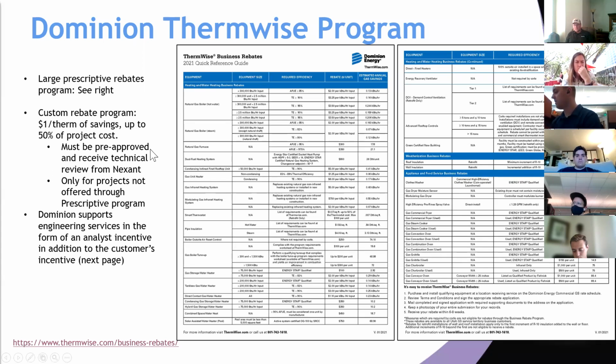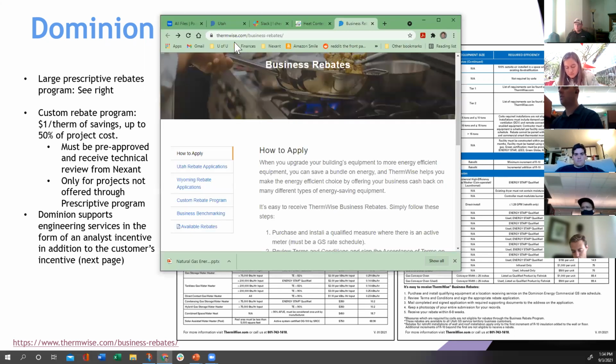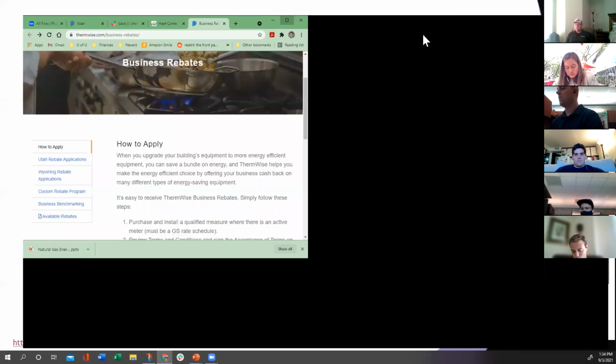Now, if the customer is on a GS rate schedule, they can get incentives for many things. This list of incentives is available on the Thermwise website, thermwise.com/business rebates.